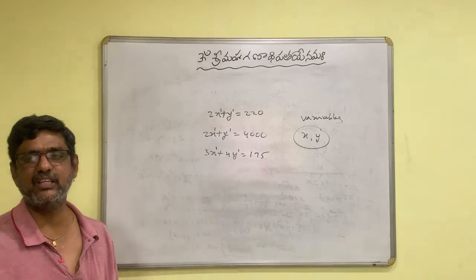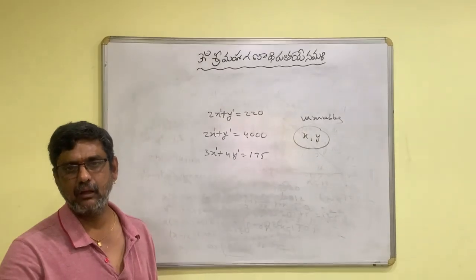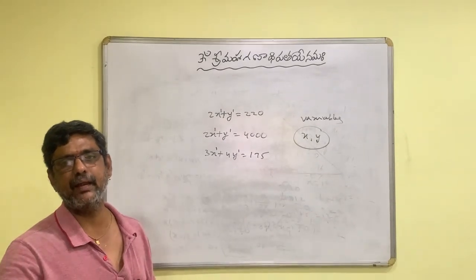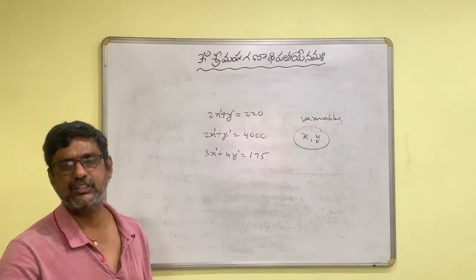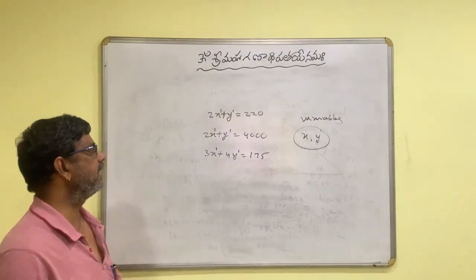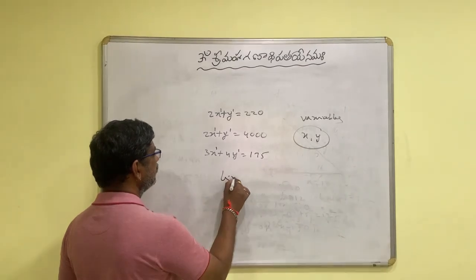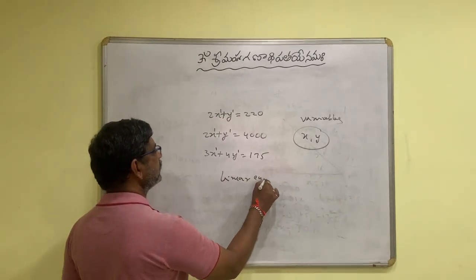If the exponent on the variable is 1, such equations are called linear equations.